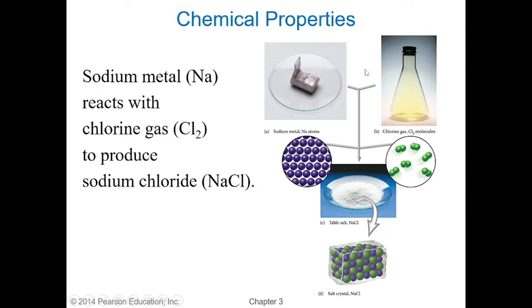Kasi naiba na siya from elements to compound na siya. So, ito palang sodium and chlorine ay toxic elements, very dangerous. Pero yung table salt, ito yung na-enjoy natin para bigyan ng lasa yung mga pagkain natin. So, sodium metal, Na, reacts with chlorine gas to produce sodium chloride or your NaCl. Okay? So, makikita lang natin yung chemical property ng isang bagay if it reacts with another substance.